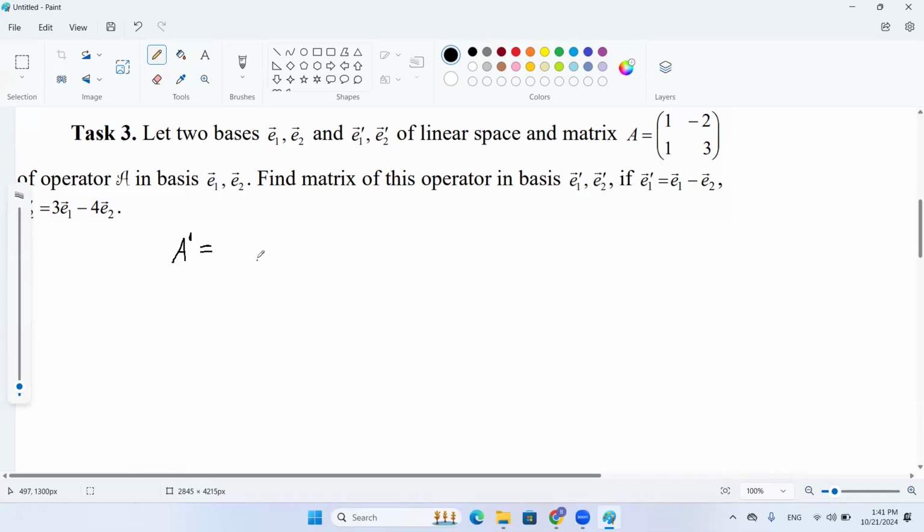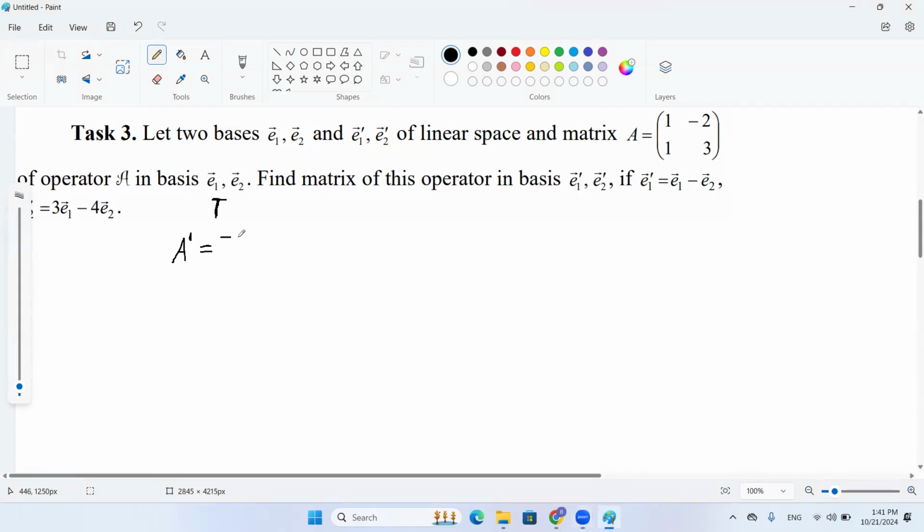So what goes first? I will remind you that a transition matrix is usually marked as T. Firstly, matrix A, and then transition matrix?